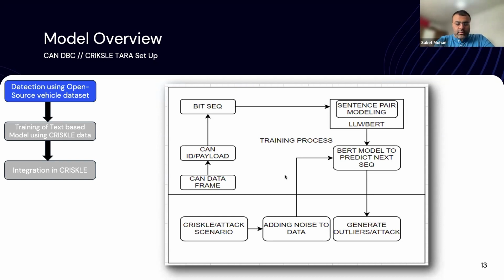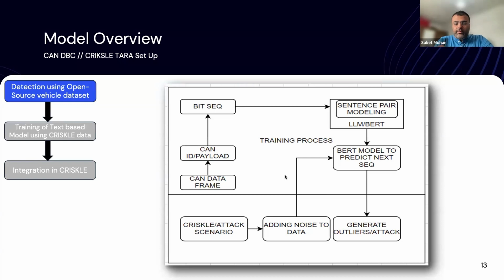The next thing we did was, using our platform called CRISKLE, we generated a use case of a full TARA, and then we fed some threat scenarios through our application into this model.